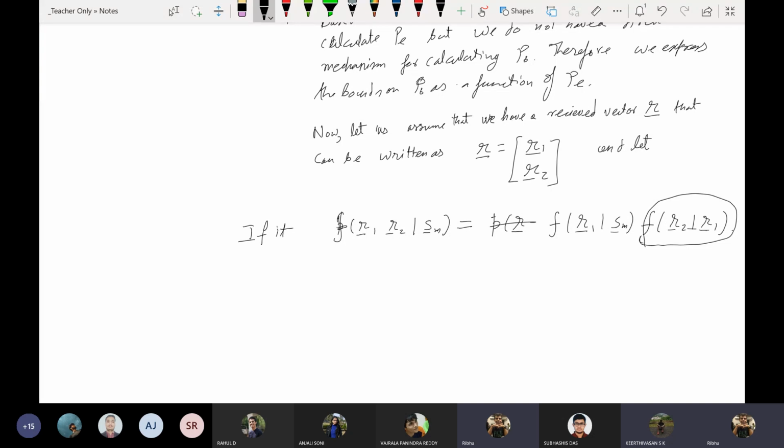The second one should be R2 given R1 comma SM, right? But you are assuming that it is not dependent, so that's why you're not including SM.